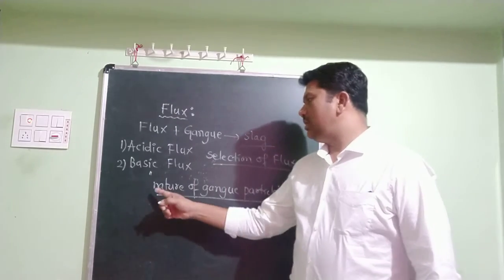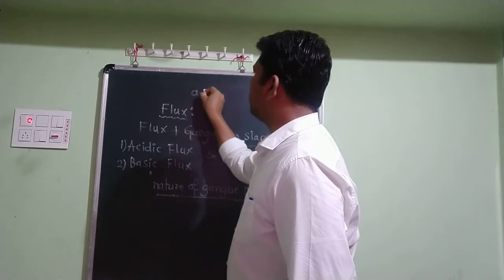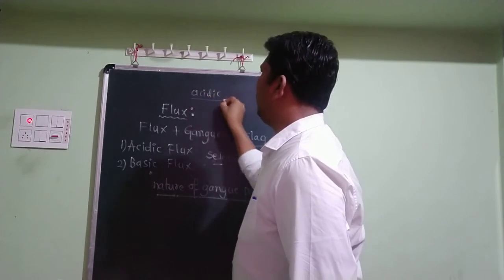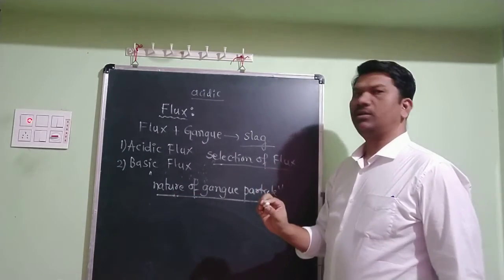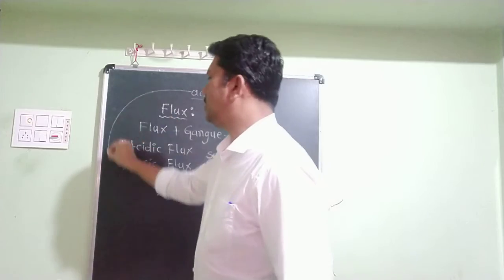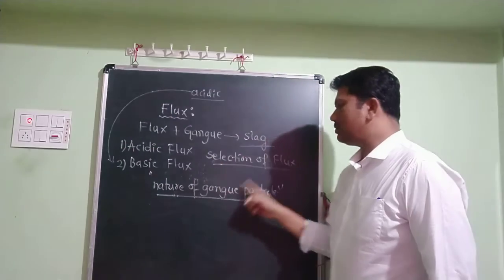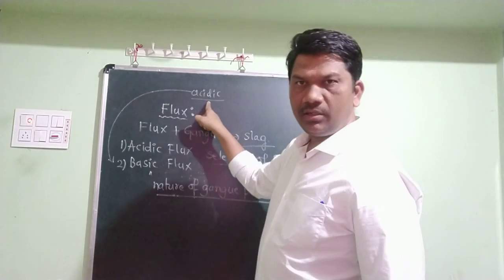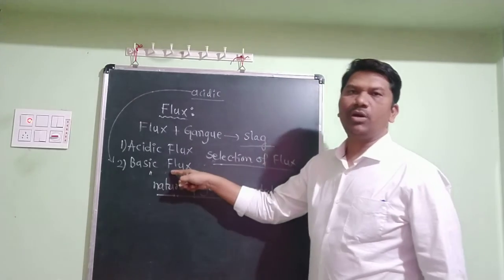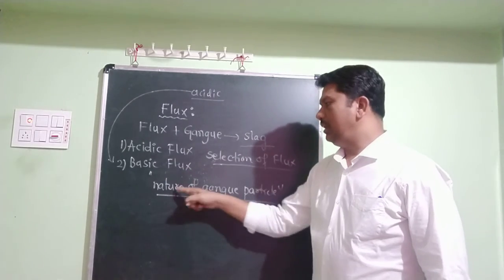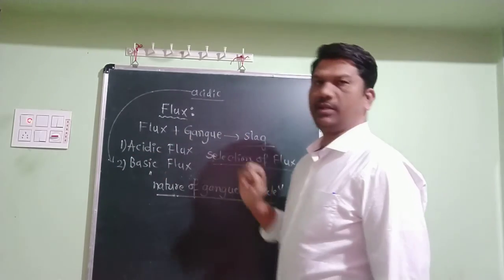If the gangue particles are acidic in nature, we have to select a basic flux, means the opposite flux we have to select.